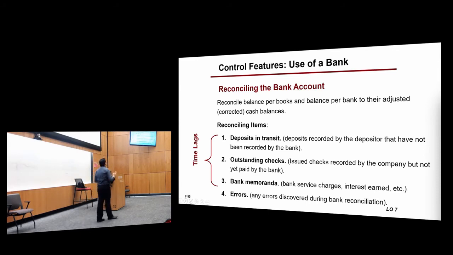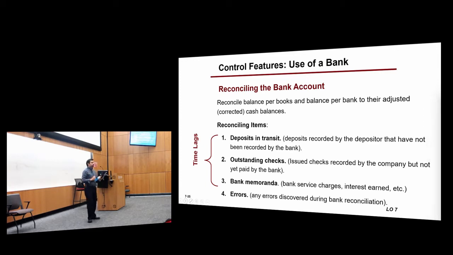So basically, to do the bank reconciliation, you do two things in parallel. You start with the bank's unadjusted balance, and you have to adjust it to get to the correct, or adjusted, balance. Then you go to the company's books, look at whatever you have according to the company's books, and make the adjustments to those.